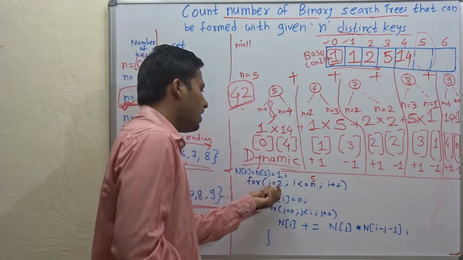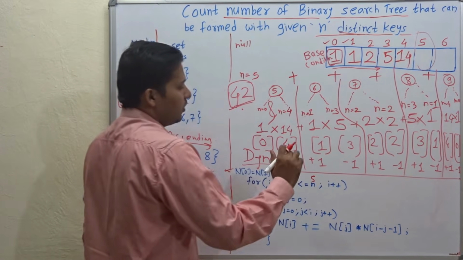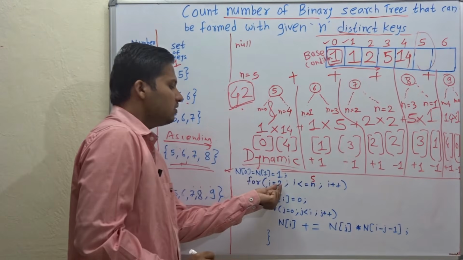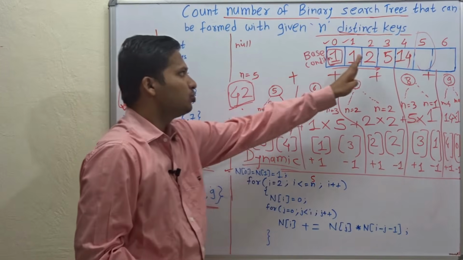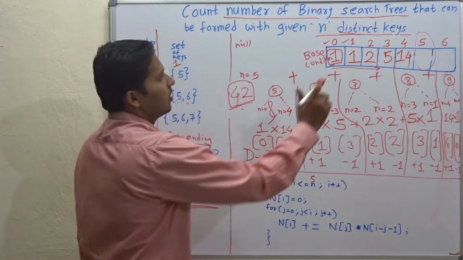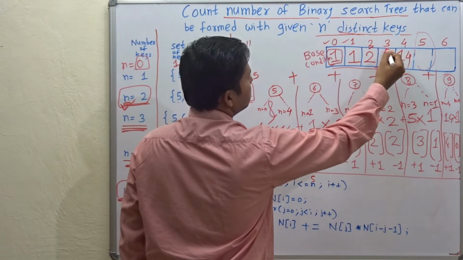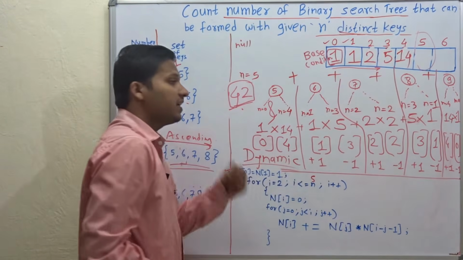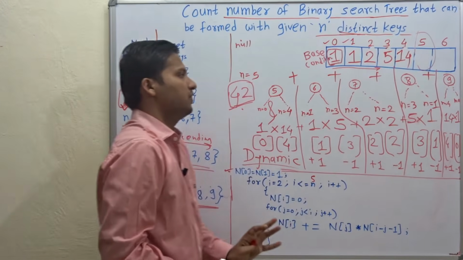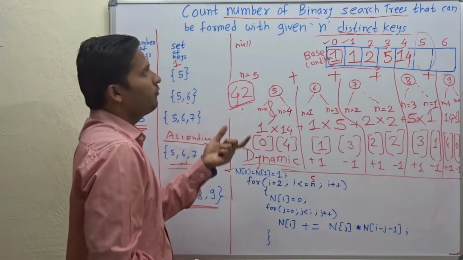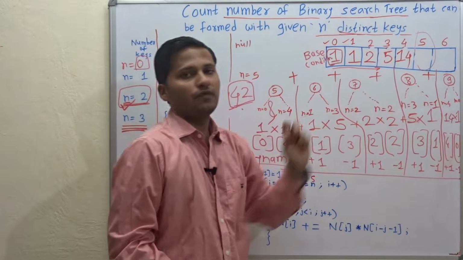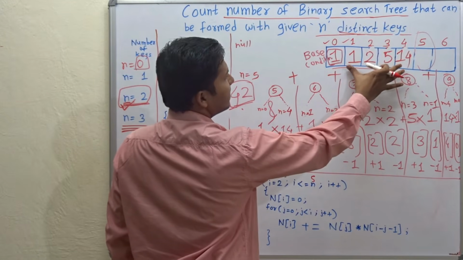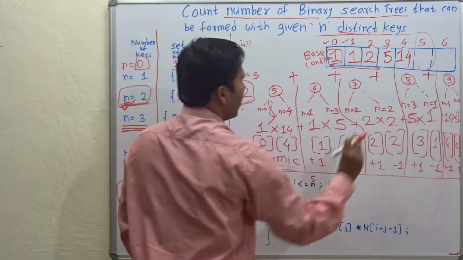So see, I equal to 2 to 5 means for calculating the value for 5th index, we need to calculate the values from index 2 to 5, because we are going to make use of the values of index 0, 1, 2, 3 and 4 for calculating the value of index 5. Index 5 means the number of binary search trees for n equal to 5. So this is what is dynamic programming, means we are memorizing the values while we calculate the values.